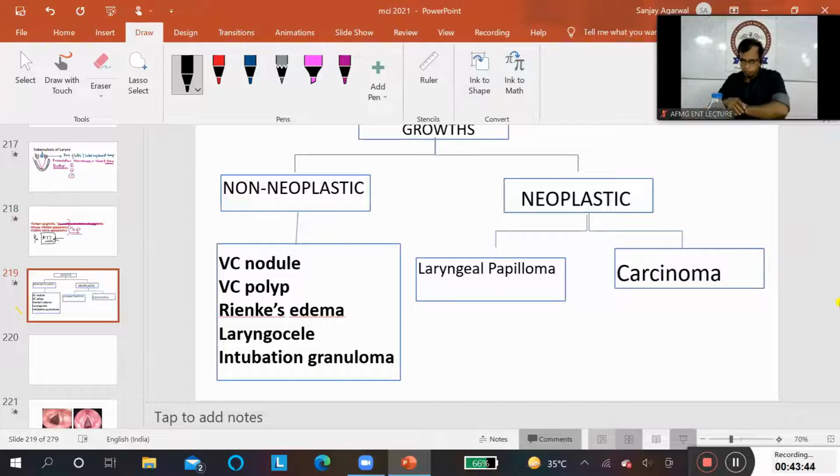This can be divided into non-neoplastic growth and neoplastic growth. Under the heading of non-neoplastic growth, we have 5 benign growths.